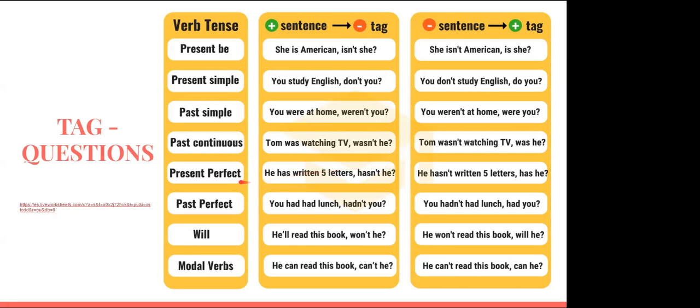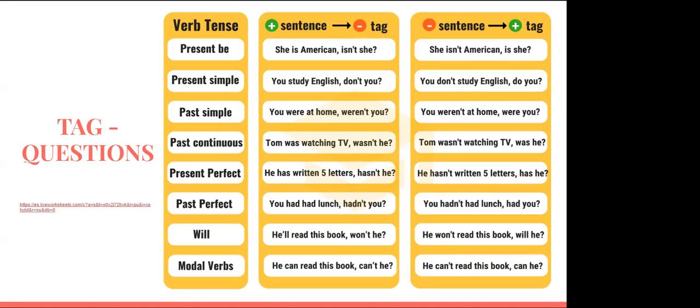Correct. And here, for the present perfect, again, very important to remember using the auxiliaries, affirmative, negative, negative, affirmative. Please. He has written 5 letters, hasn't he? He hasn't written 5 letters, has he?